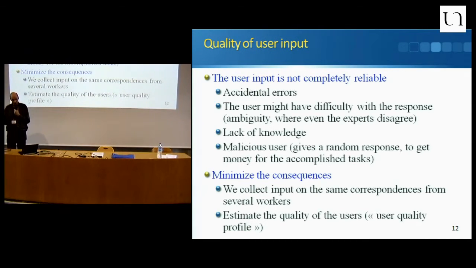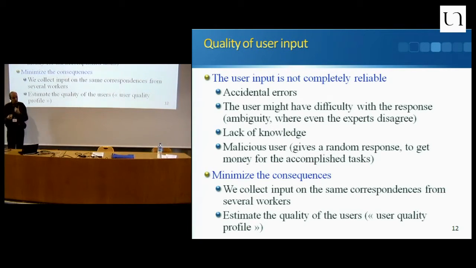The most basic aggregation method would be to ask the same question of a small number of users, for example 5, and take a majority vote. The majority voting has the problem that it doesn't take into account if a user is accidentally or deliberately making errors.